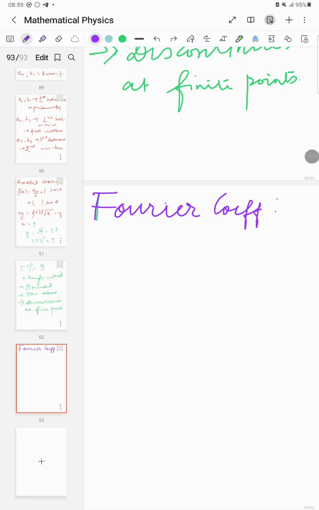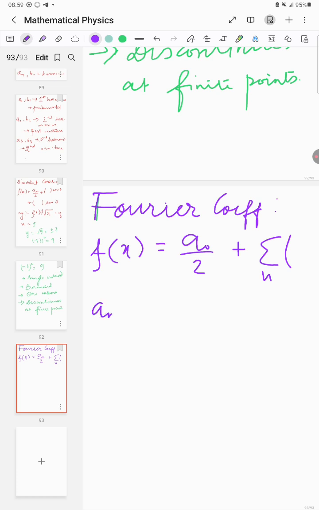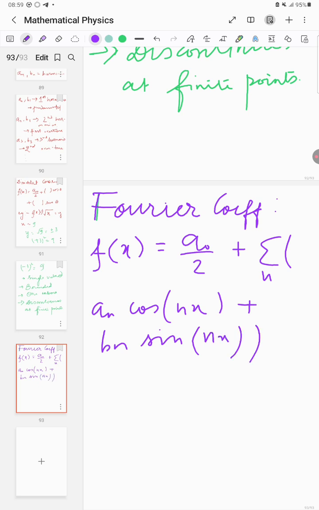So we know that f of x can be expressed as f of x is equal to a naught by 2 plus summation over n, an cos nx plus bn sin nx, and the bracket ends here.